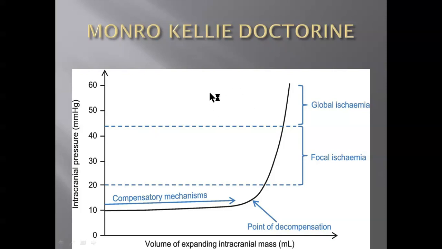In the same way, our cranium is a closed space. Those three friends, your blood, brain, and CSF, are staying there, and everything is okay until now. But suppose, for any reason, a fourth friend enters that closed cranium.